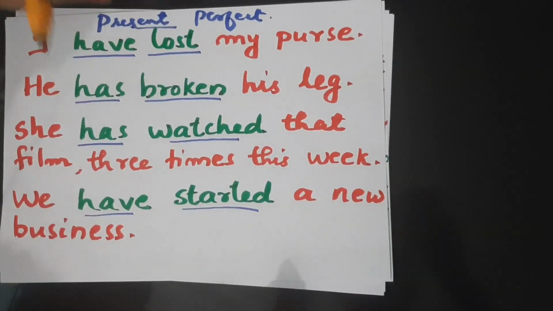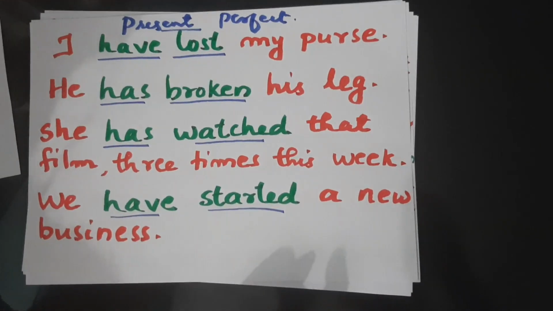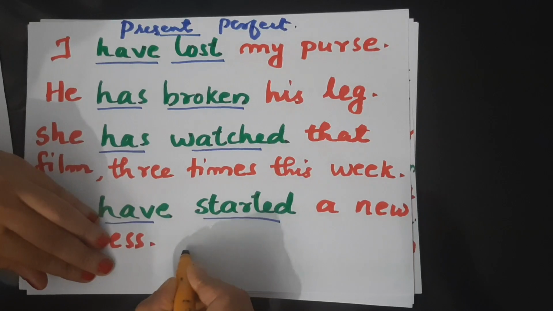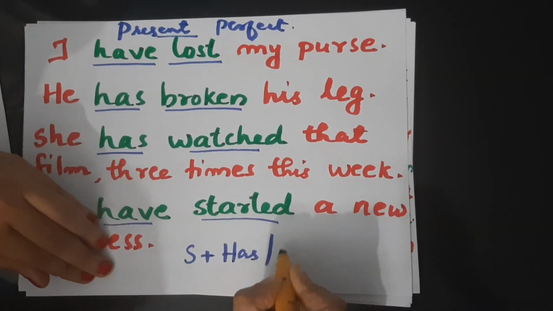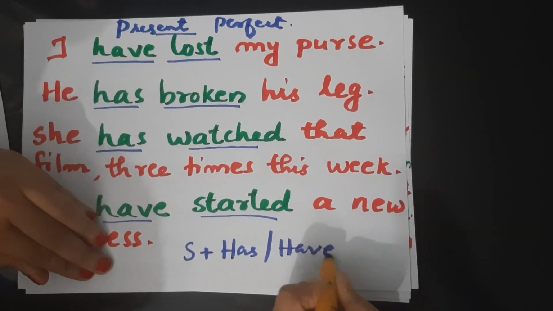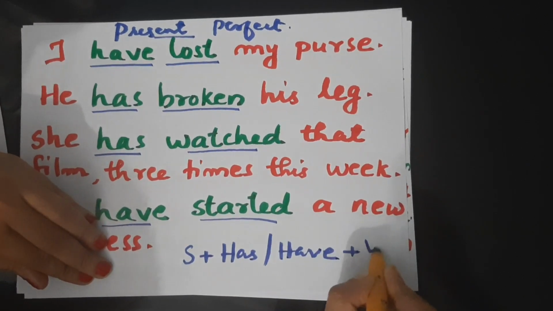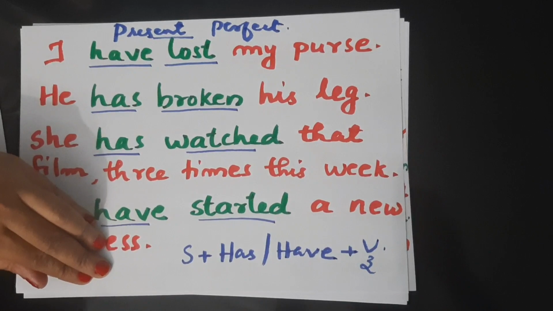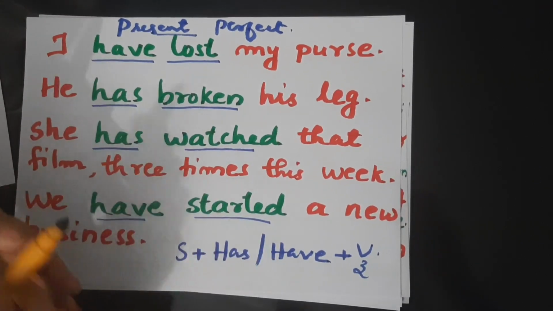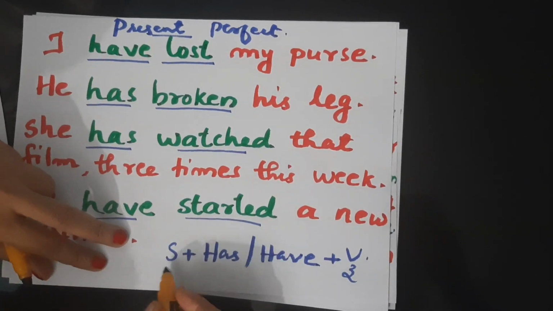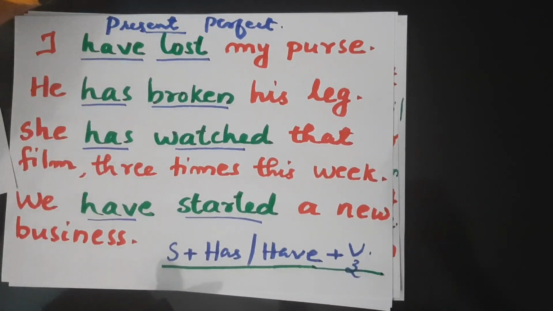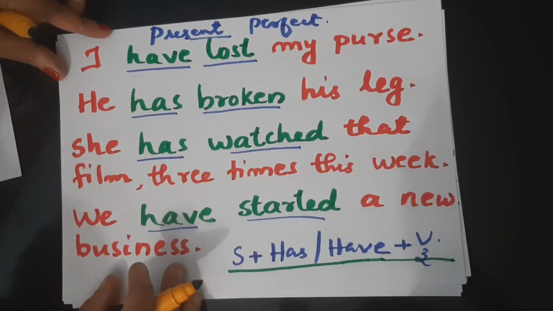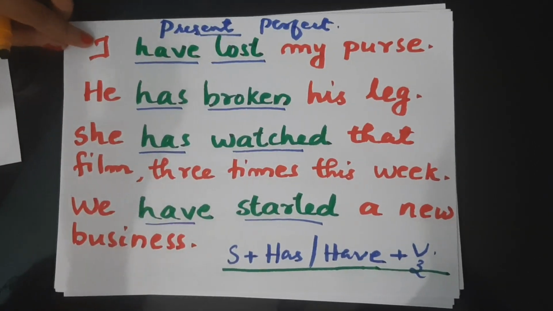So, the structural format of the present perfect tense is subject plus has or have plus, as I told you, the V3 form of the verb. Okay, subject plus has or have plus V3 form of the verb. That is the structural format of present perfect tense.